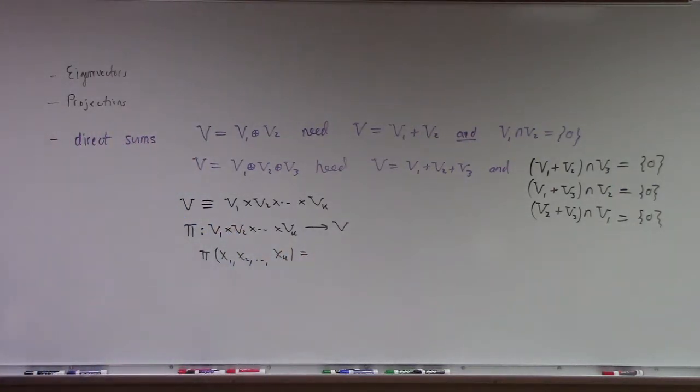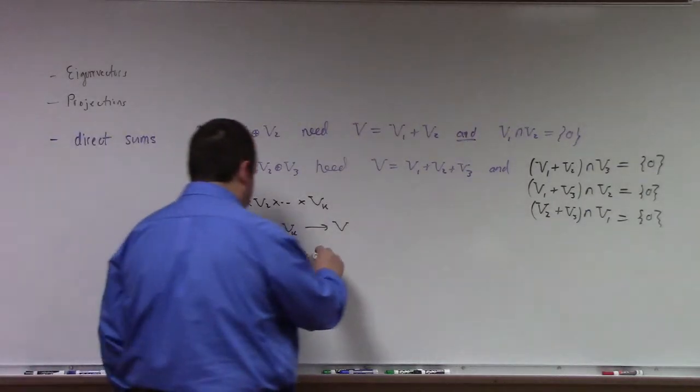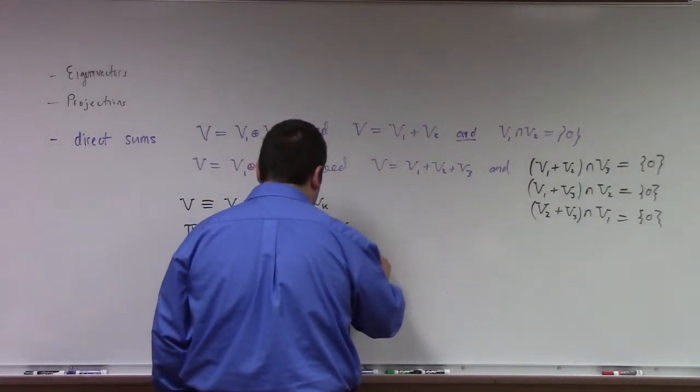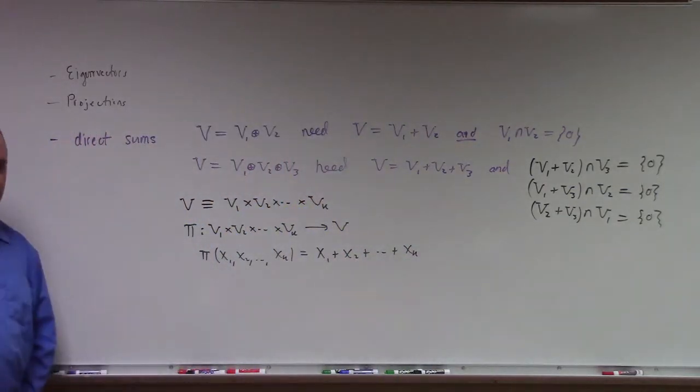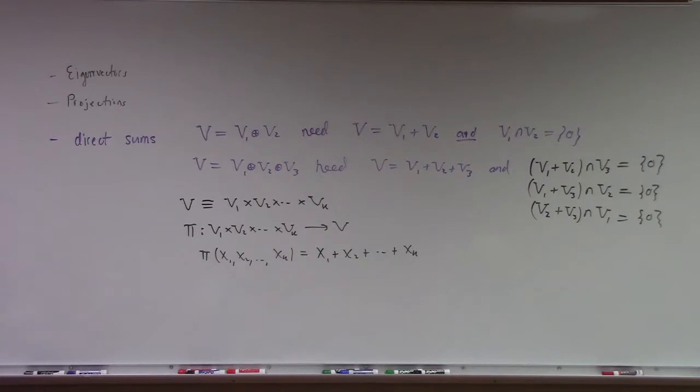Yes, x1 plus x2 plus x3. Indeed, that this mapping pi is an isomorphism is one characterization of v being the internal direct sum of subspaces v1 through vk, right? Then we had the independent subspace characterization, which I was just writing out for 3.